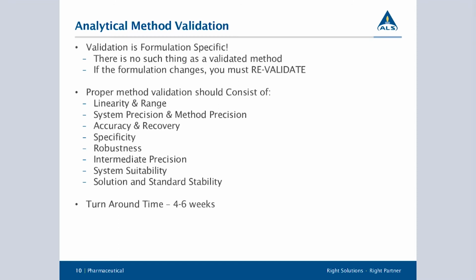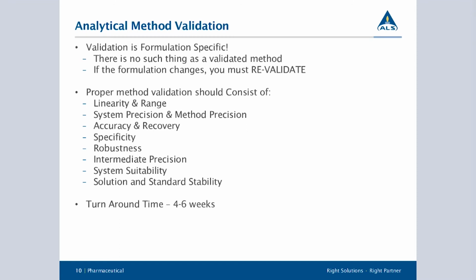We can also purchase a standard if you wanted us to purchase a USP standard or an alternative standard. But it's always best to use the raw material from the product. The stages are all outlined here in terms of what we go through in that process.